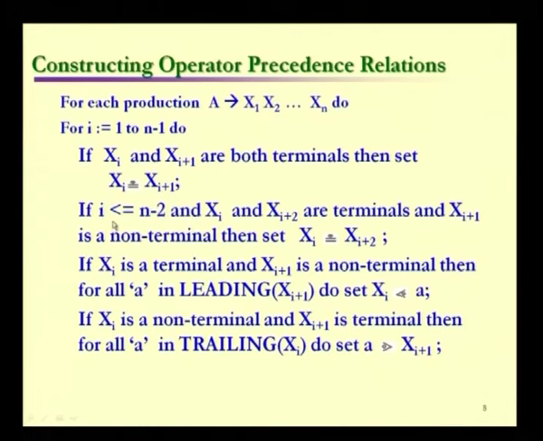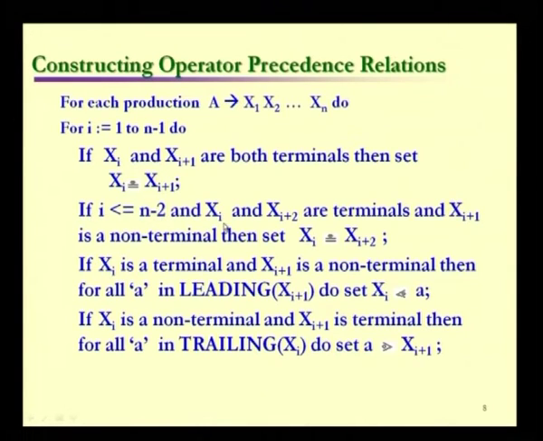The second case is, if i is less than or equal to n minus 2, it means we will have three symbols for comparison. One is xi, the next one is xi plus 1, and the third one is xi plus 2. Here, if xi is a terminal and xi plus 2 is also a terminal, provided xi plus 1 is a variable, then we define the relationship once again as xi equal to xi plus 2, that is, two terminals which are separated by a variable or a non terminal.